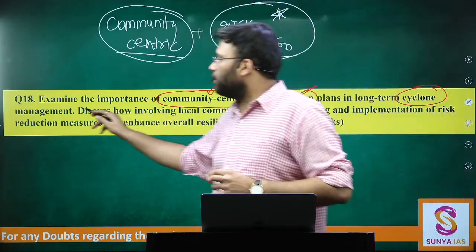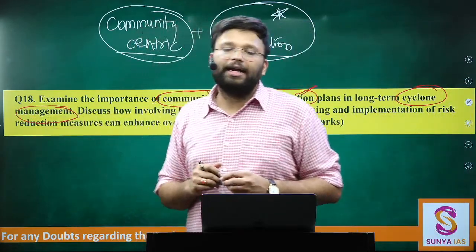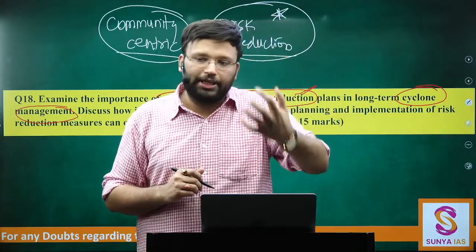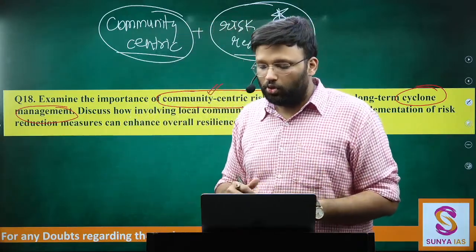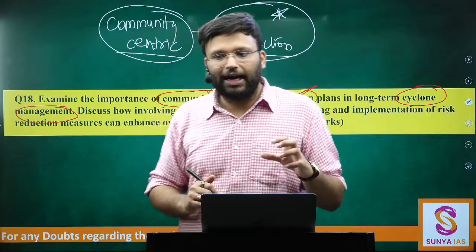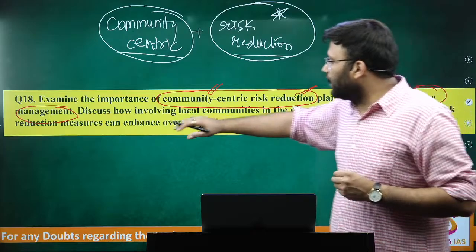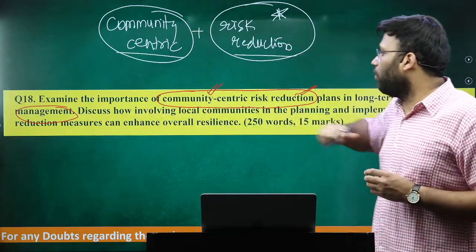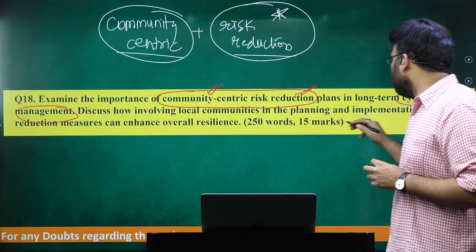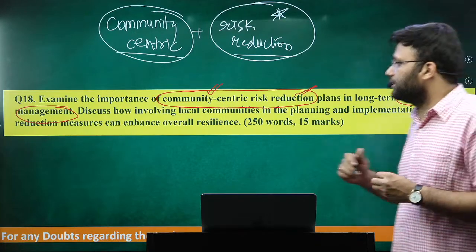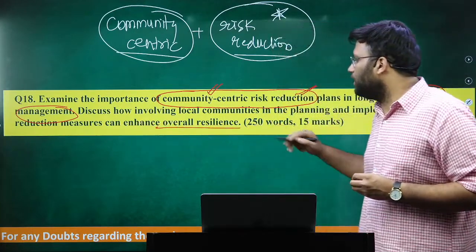So the question is on cyclone management and how involving the community can lead to a reduction in the risk. That is the essential demand of the question. We have to examine that. Then it is asking us to discuss how involving local communities in the planning and implementation of risk reduction measures can enhance overall resilience.